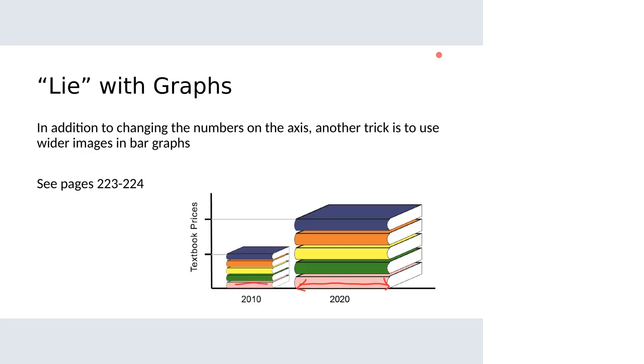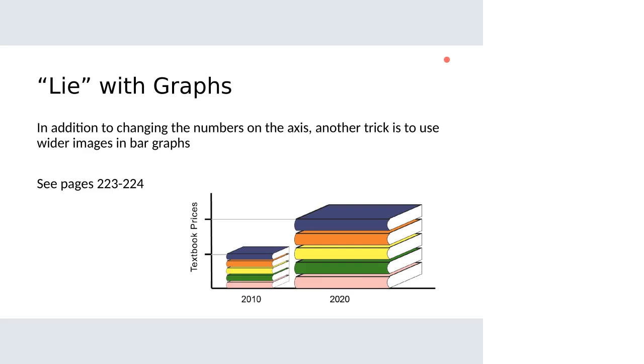By making it that much wider, because it takes up so much more space on the page, it makes the change look like it is huge. Is there an increase? Yes, it went from here to here if they were the same width. But by making it really wide and making it take up so much of the page, it makes it look even more significant than it really is.